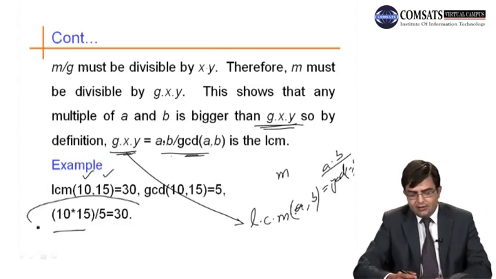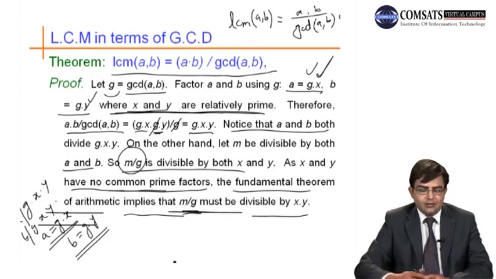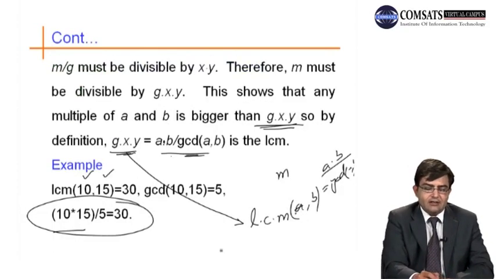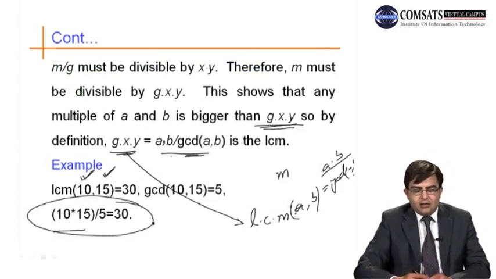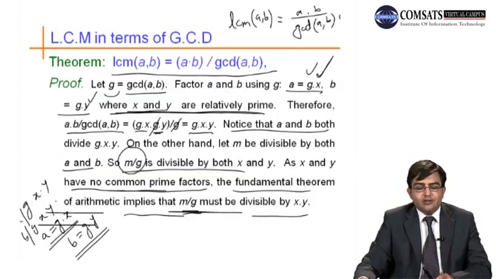The above result is valid for any two integers, as we have taken here 10 and 15. This theorem is very useful in number theory, and we will use it also in the subsequent lectures.